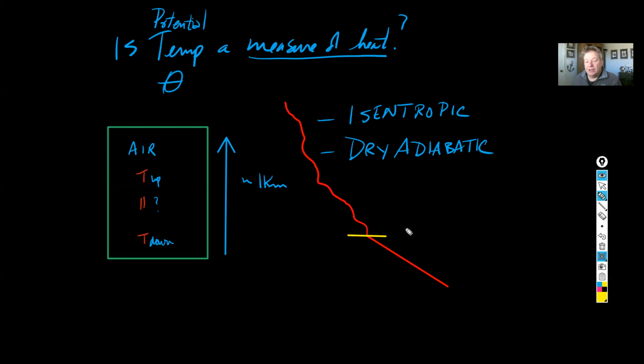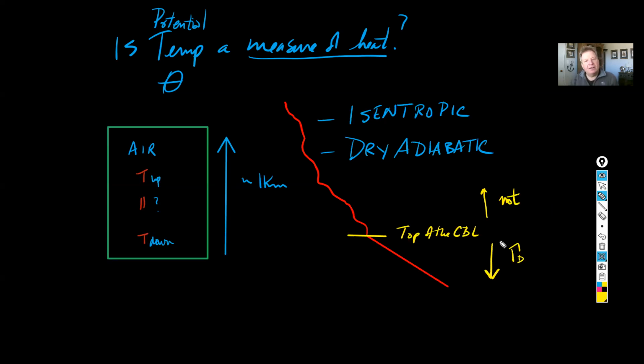That level is the top of the CBL, the convective boundary layer, or the planetary boundary layer. And the reason we know that is because below it, it's dry adiabatic. Above it, it's not.